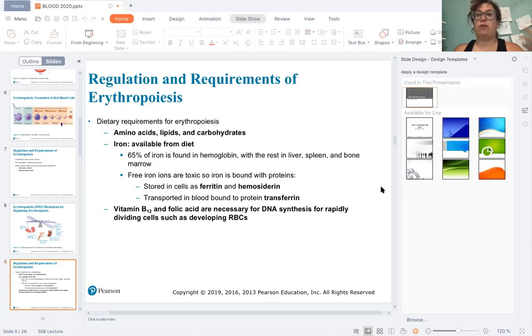These cells are rapidly dividing all the time, no matter what. Even though it takes 120 days to replace a full red blood cell count, it's still happening all the time. It's not just 120 days and ta-da, it's all done. So B12, folate or folic acid, and iron are what you need for healthy red blood cells.